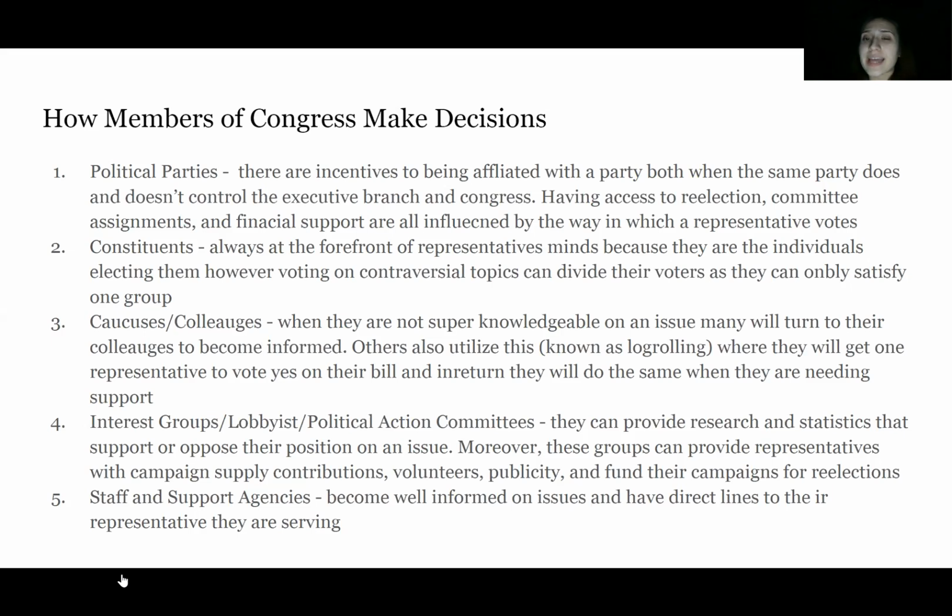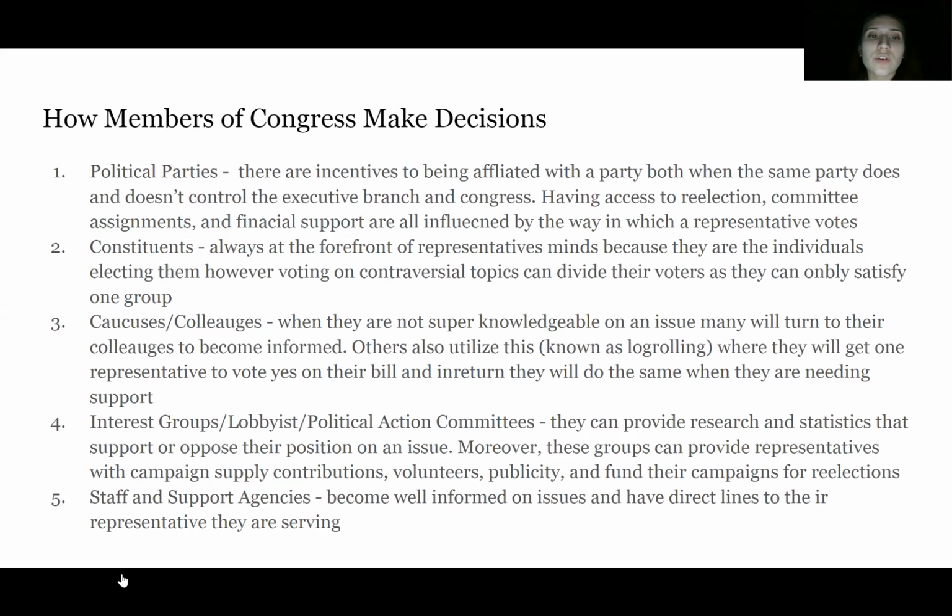However, sometimes that can be known as log rolling, because one representative may say, hey, if you vote yes on my bill that I'm trying to get passed, when you have a bill that you want to get passed, I will do the same. That is known as log rolling. It happens quite often. So colleagues and caucuses are always at the forefront of their minds as well.